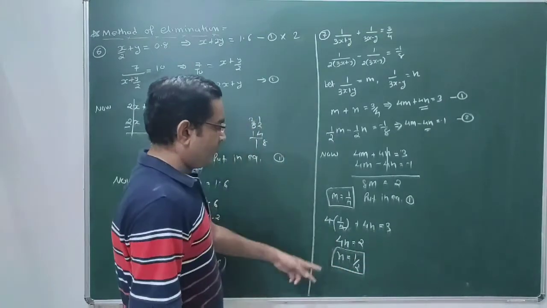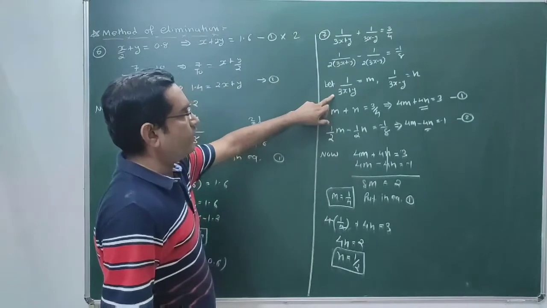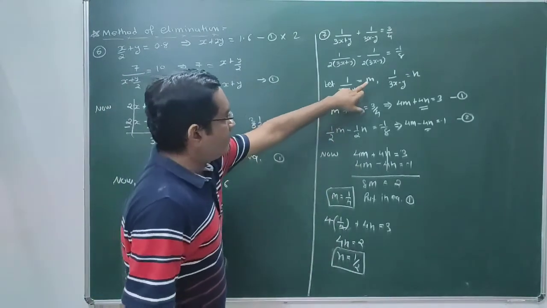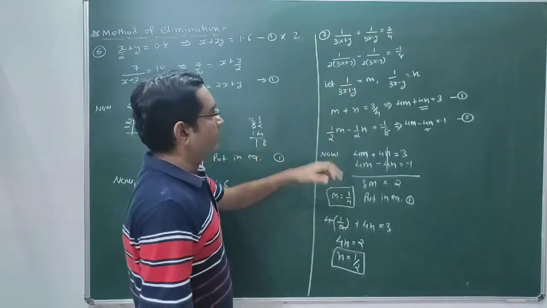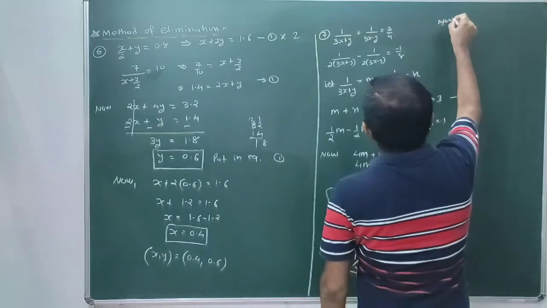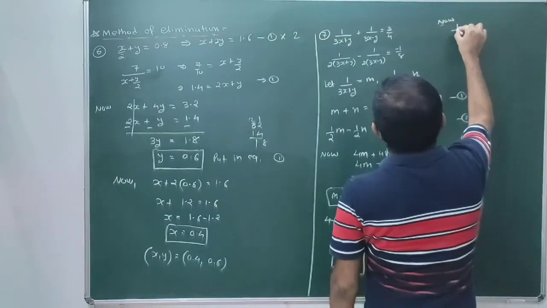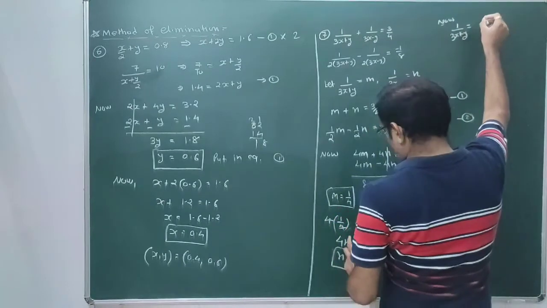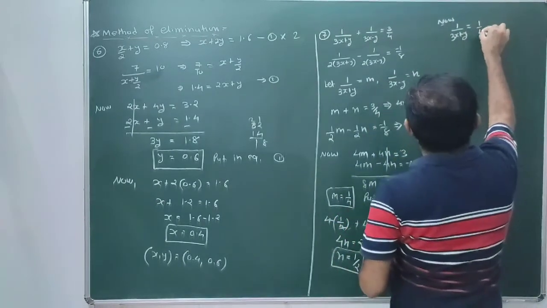This m and n are the variables that we have considered. We have to find the values of x and y. So put these values over here. What is m? 1 by 4. So 1 upon 3x plus y equal to m, m is 1 by 4.